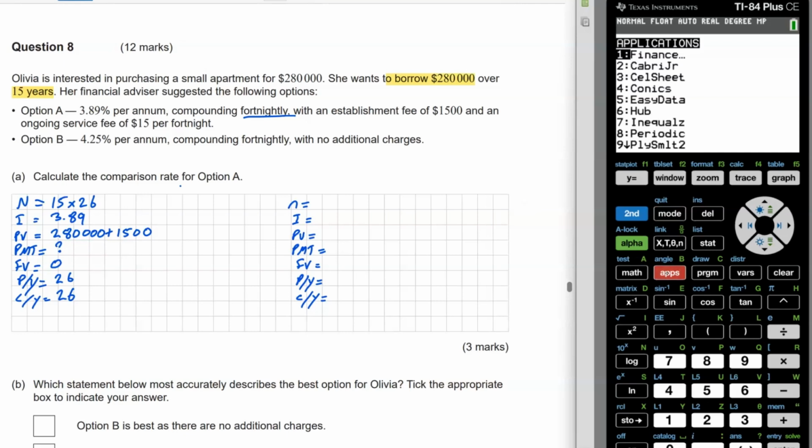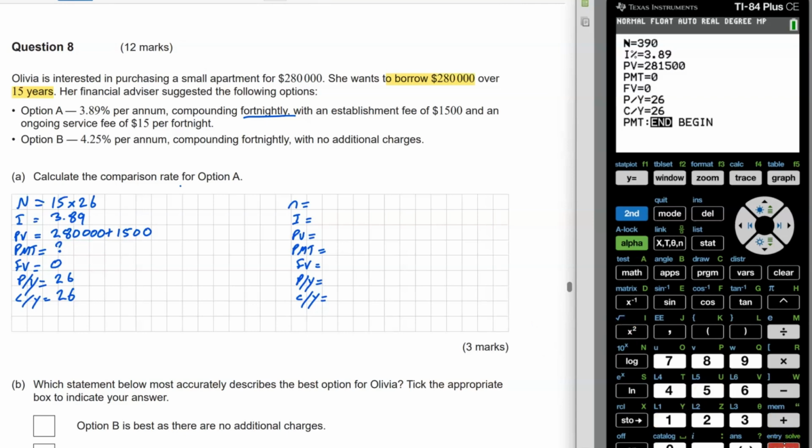Going to the graphics calculator, we've got apps, we've got finance, we've got that TVM solver. So 15 times 26 is the N, 3.89. Our PV is going to be 280,000 plus 1,500.